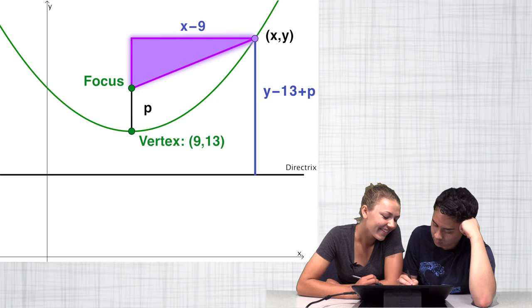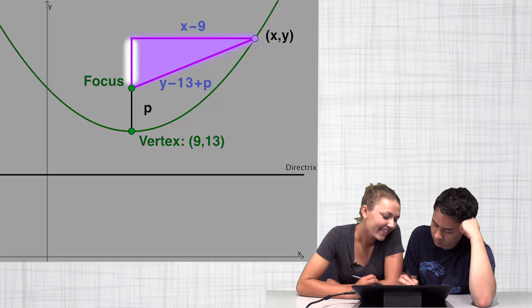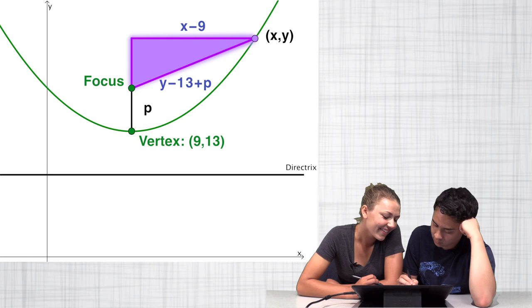Sasha and Keoni reasoned that the definition of a parabola tells them that the length of the hypotenuse of their right triangle will be the same as the distance from the point x, y to the directrix, which is y minus 13 plus p. They determined the length of the vertical side of the right triangle by first finding the distance all the way to the x-axis, which is y units, and removing the distance from the x-axis to the vertex.